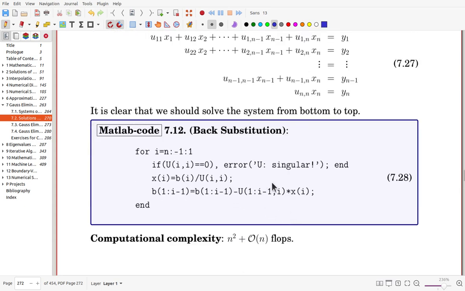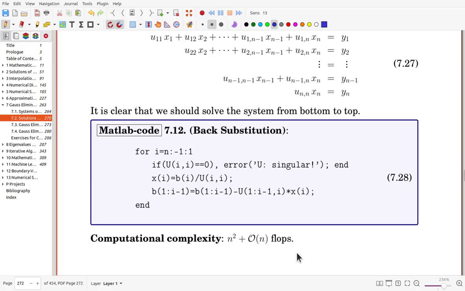This is a slightly different implementation strategy, but you can check that this one is okay. For this back substitution, the computational complexity is n squared with a small portion of order n.